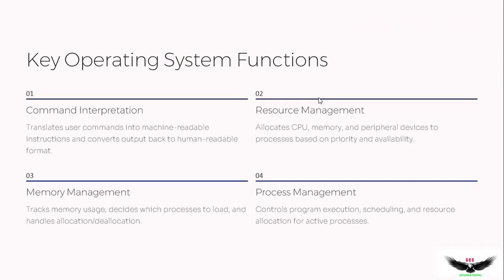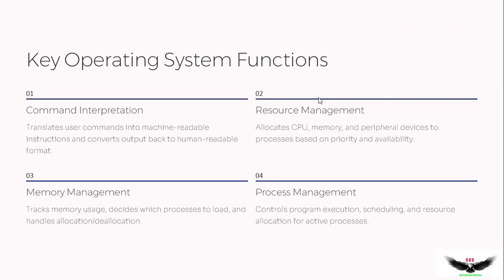Let's talk about key operating system functions. Let's talk about only four. One, command interpretation. The operating system translates user commands into machine-readable instructions and converts output back to human-readable format. Because what you can see and understand, a computer can't understand.